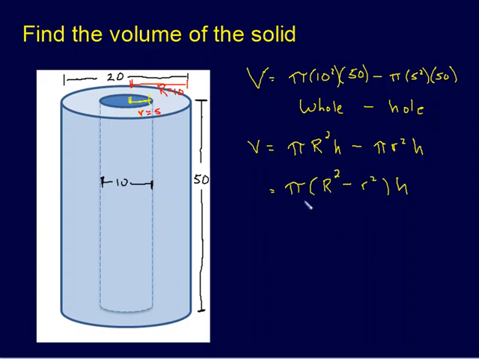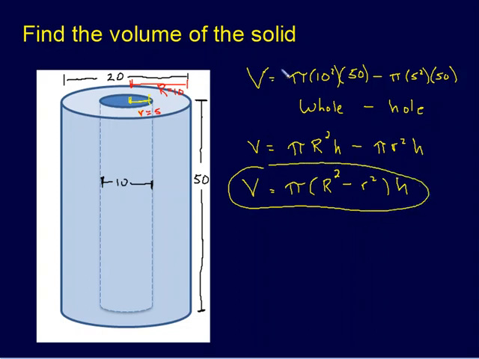Now, it seems weird why I would pull one of those common factors to the left and one to the right. When we go to write the definite integral, you will see why I'm doing that. Okay, so anyway, this would be a formula we could actually use to find the volume of a bunch of these types of solids here.